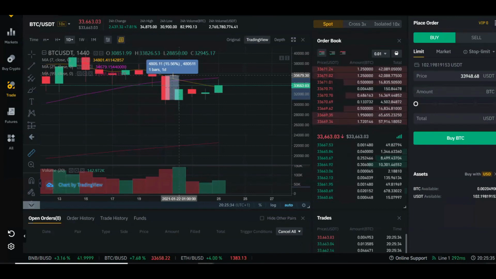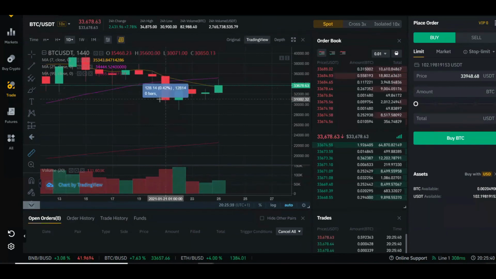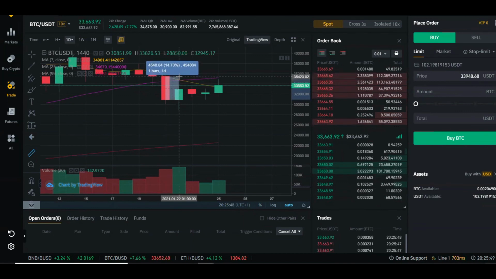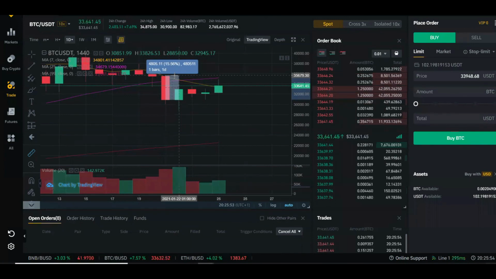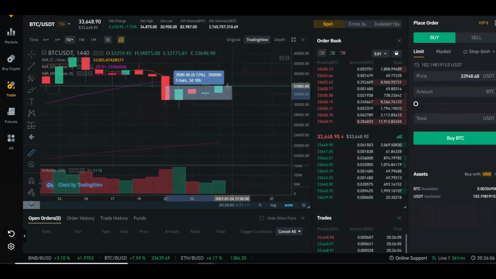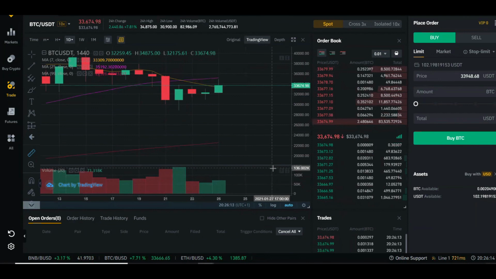So if you had $100 and you decided to buy, let's say, Bitcoin on the 21st of January, when the price was 31,000, and you kept it, later on you could have the possibility to sell it at 15% of profit when it's 35,000. And if you decided not to sell it, if you were waiting for it to go up again, now you are just making 8% of profit. And that's how it functions. So you keep making profit when you buy or when you sell. So that's how trading functions.